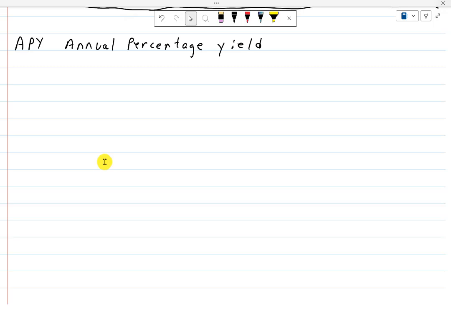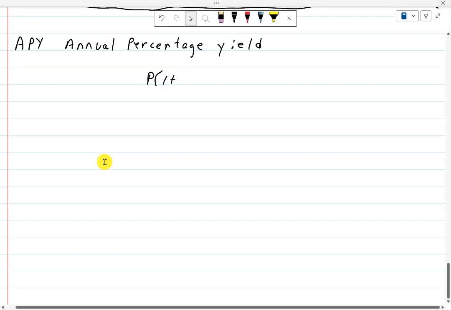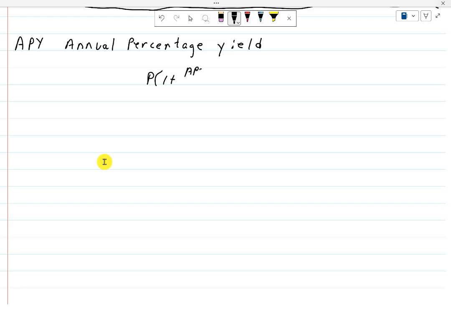We want the amount, here I want P times 1 plus, I don't mean to put anything in there, let me come back here. APR over N times Y. All right, this is what we want to happen. I'm going to divide out the P's, okay? And then N is the number of times that you compound per year.